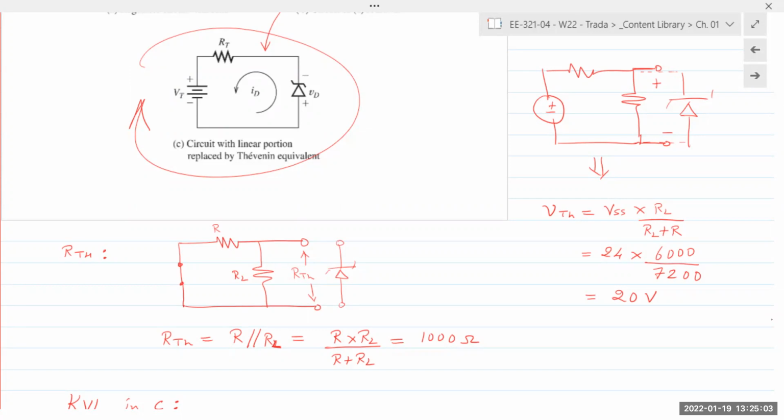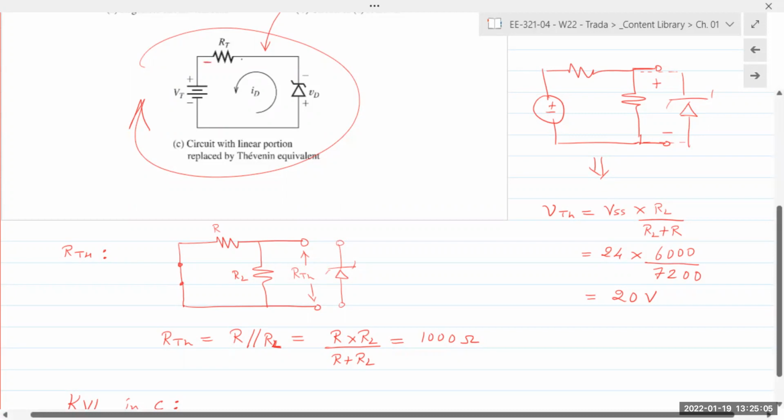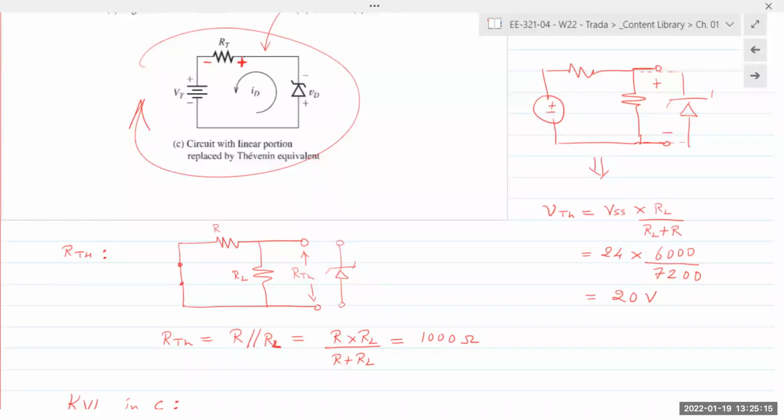So when you perform your analysis, you always have to keep that in mind. When we talk about diode voltage, the positive reference is always at the anode. Doesn't matter what kind of diode it is. That's why all Zener voltages, when we performed the analysis last class, it was minus. Remember, quadrant 3.